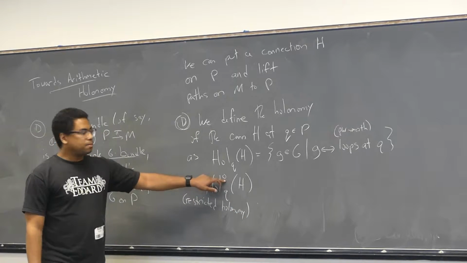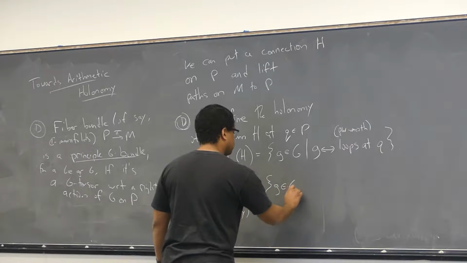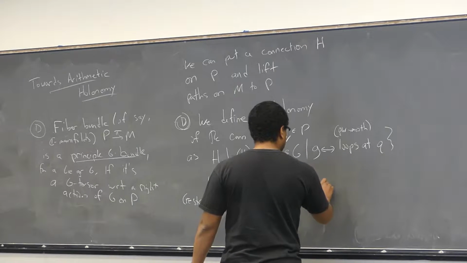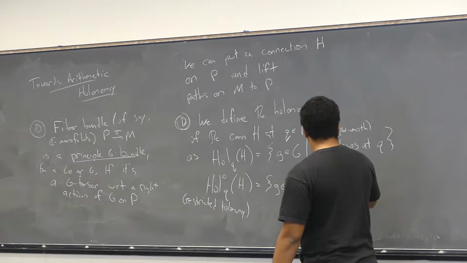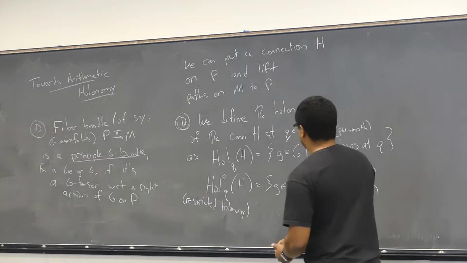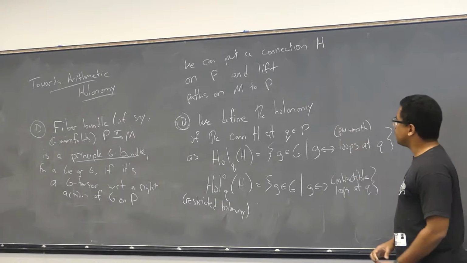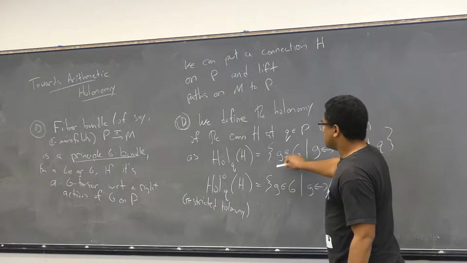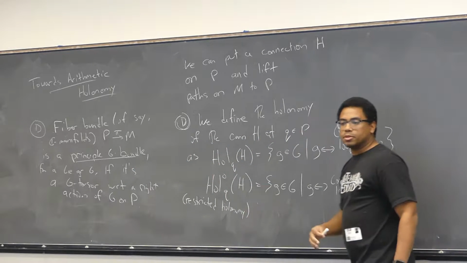We put a little circle here, and these are simply the elements of the gauge group that correspond to contractible loops at Q. So given a loop at Q, I should have said here that this action of G preserves fibers.